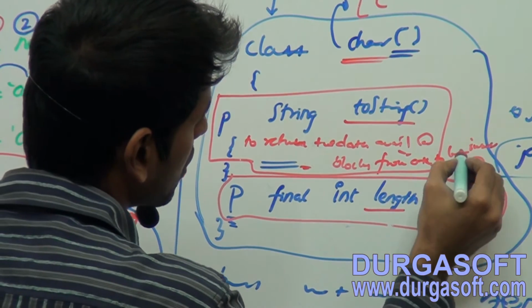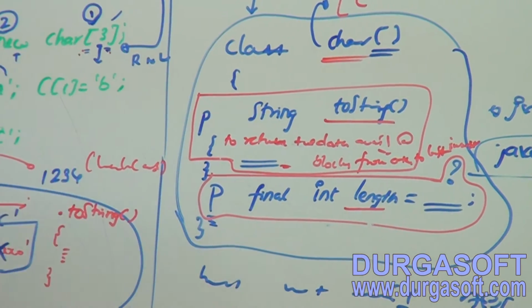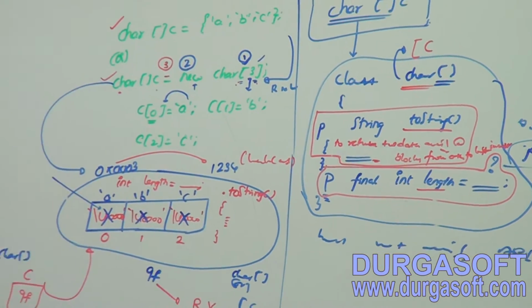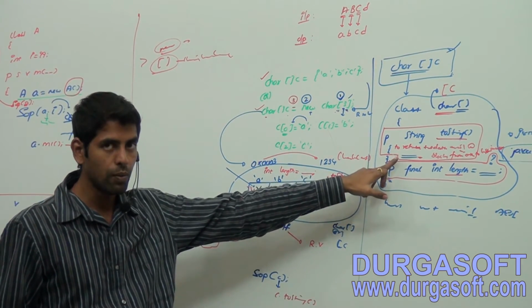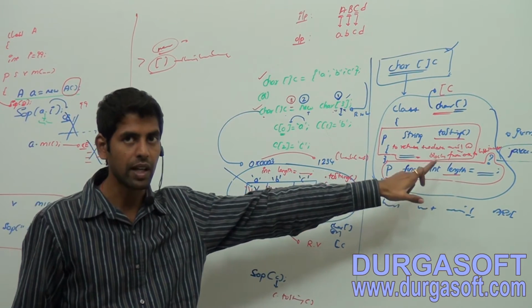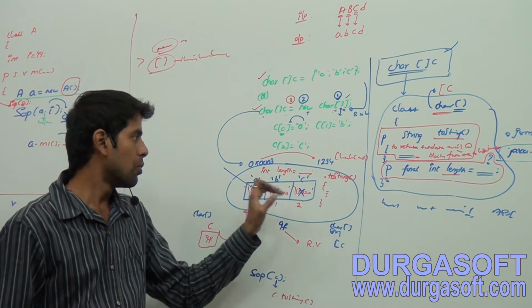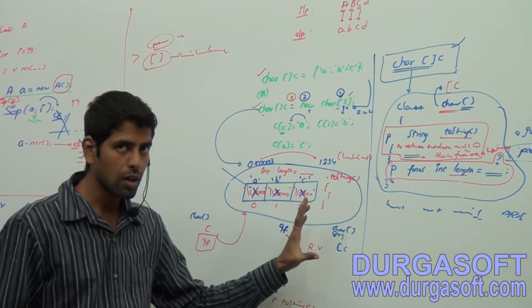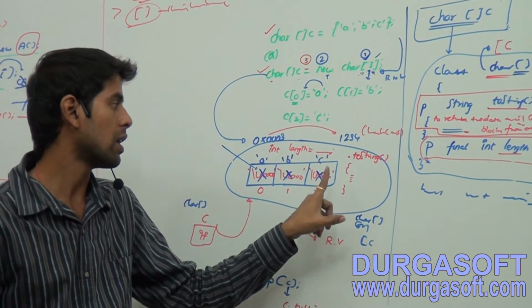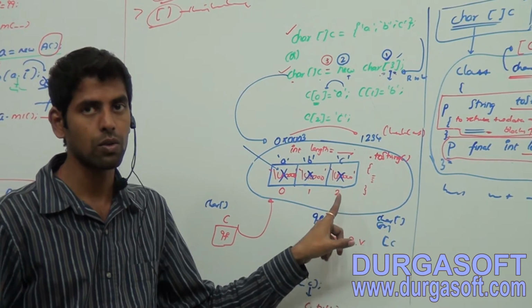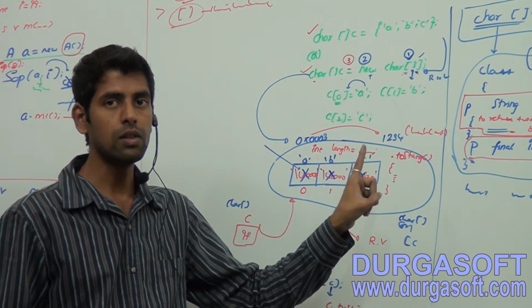The ToString method has logic to return data available within the blocks from the 0th index to the last index.